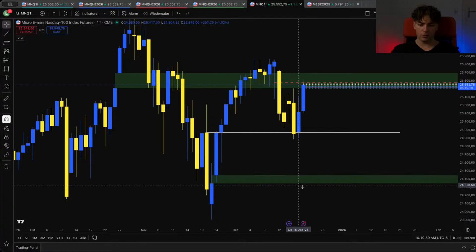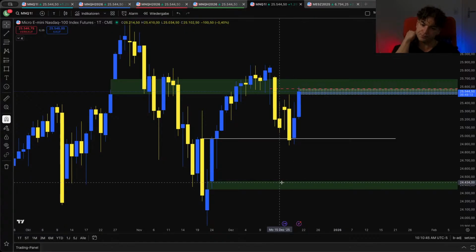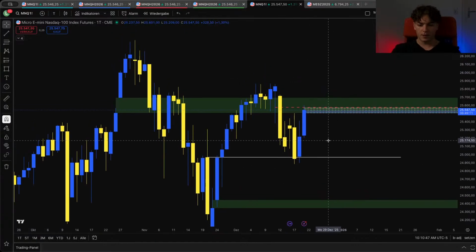That volume imbalance was the draw, best case scenario. We respected the order block and now traded up into this midpoint, and we maybe see an intraday reversal at least, maybe at this midpoint.